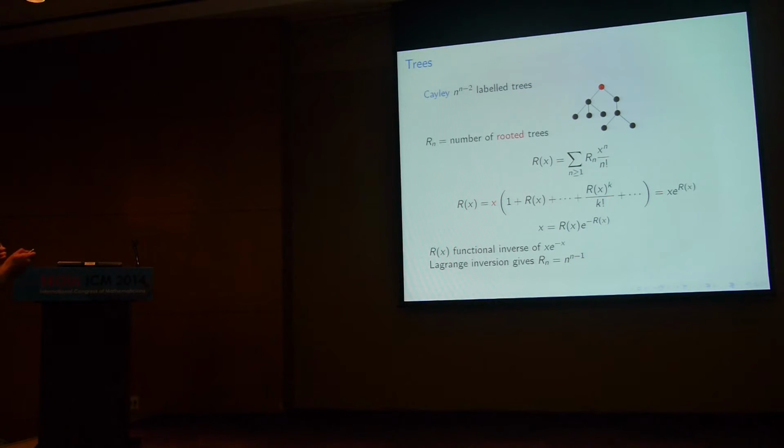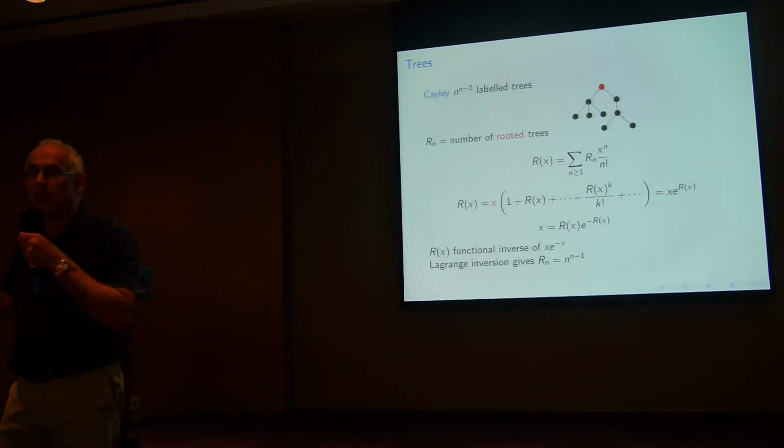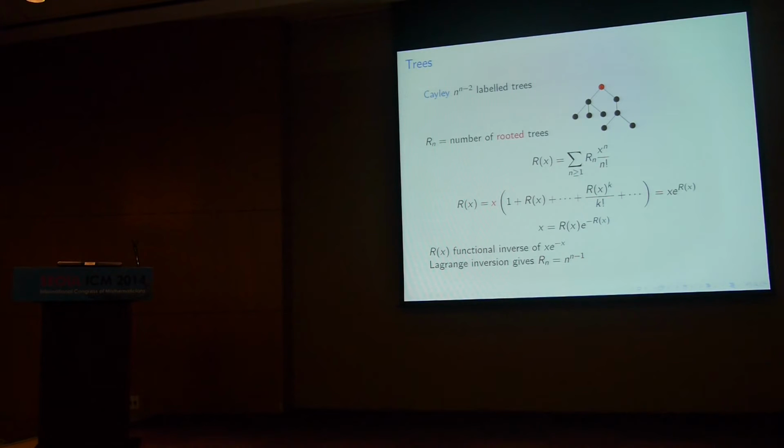So you see, trees decompose nicely, and this decomposition translates into equations satisfied by the generating functions. These equations can be algebraic, if they were unlabeled, or you can have exponential functions, or trigonometric functions, or even Bessel functions, but essentially the combinatorial decomposition translates into functional equations, maybe differential equations, because sometimes you have to differentiate.